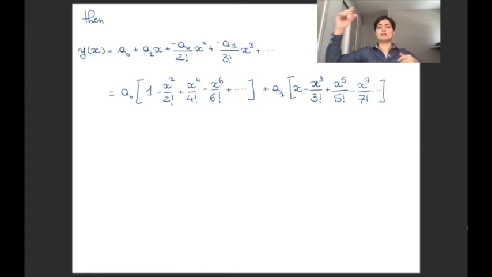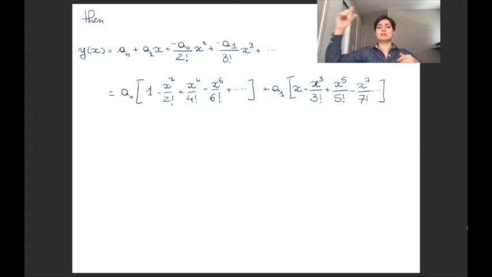And at the bottom you have the factorial of the index of the power of x. a1 is multiplied by something similar, but shifted in a certain sense. We start at x, and then we have minus x to the 3rd divided by 3 factorial, plus x to the 5th divided by 5 factorial, minus x to the 7th divided by 7 factorial, and so on.